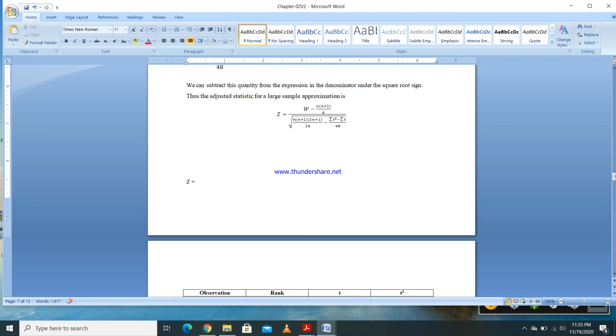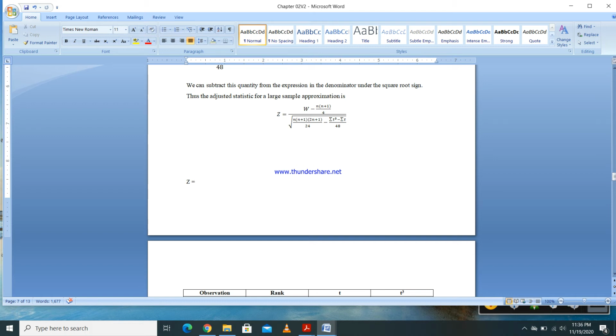So in this case, since our alternative hypothesis has the greater than inequality, we are interested in W minus, that is, the summation of the ranks of the negative differences.